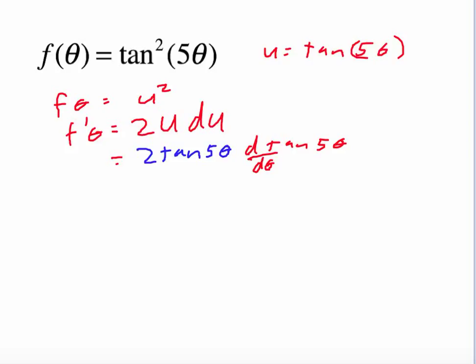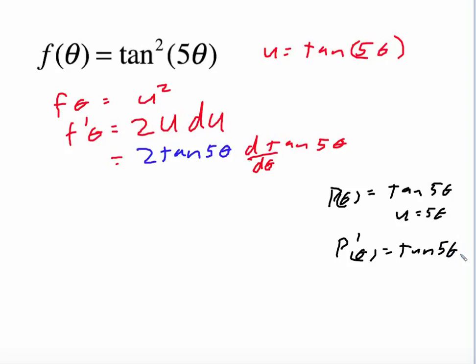No. So let's go off to the side, and if we have some function, I'll call it p of theta for lack of a better term, if that's tangent 5 theta, let's make u equal 5 theta. So the derivative is going to be tangent 5 theta times the derivative of 5 theta with respect to theta, which is 5.